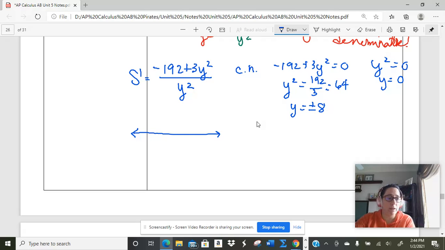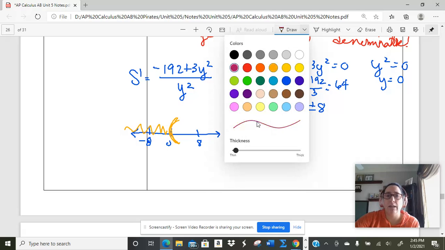Well, the only one I'm looking at is 8 because I know that those guys are not in my domain. My feasible domain has to be greater than 0. So those are out. So I really just need to look and see what's happening here.